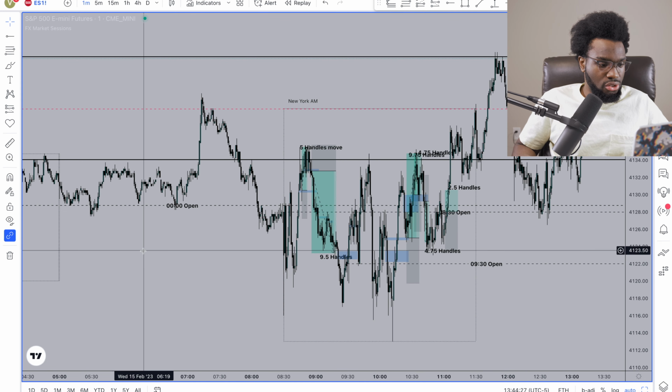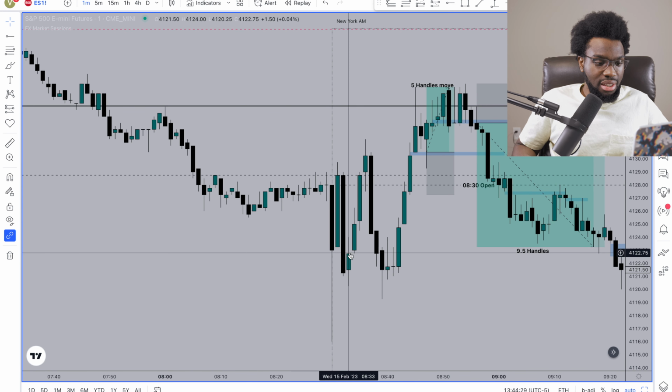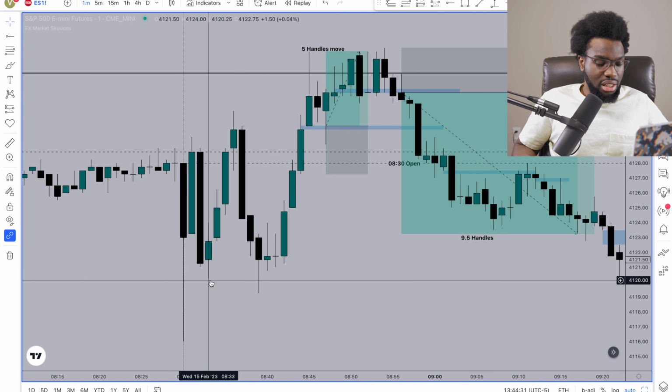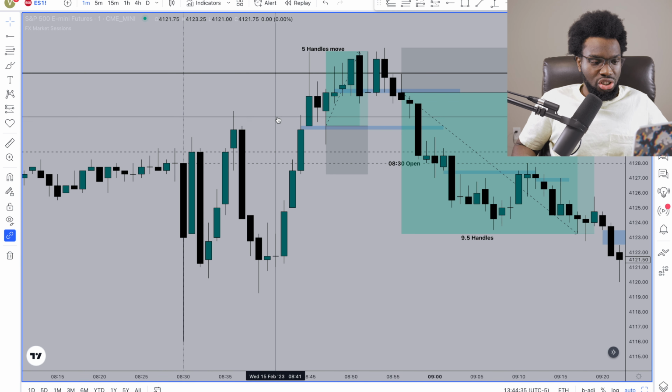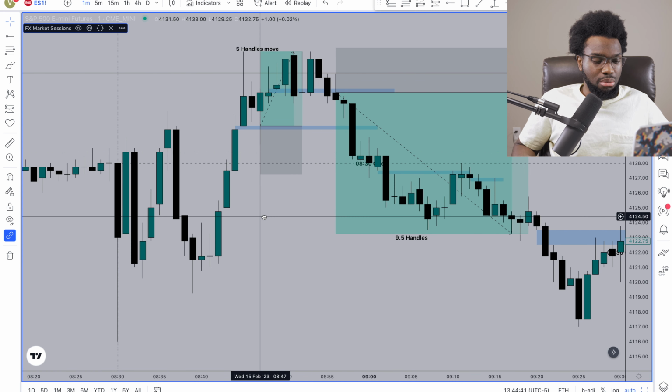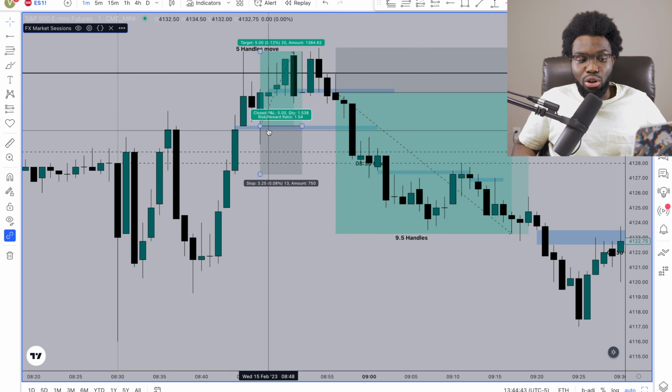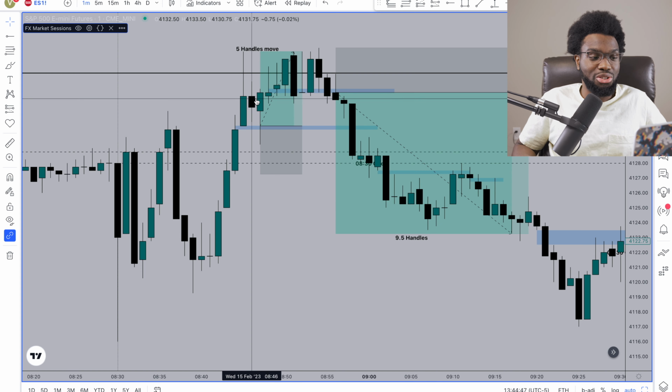And then I'll turn up my drawing. So you can see this was the first trade. Liquidity was grabbed right here. Market structure shift. I was expecting it to come all the way back down here so I could execute, but hey, this is a close proximity entry, so I was still within.